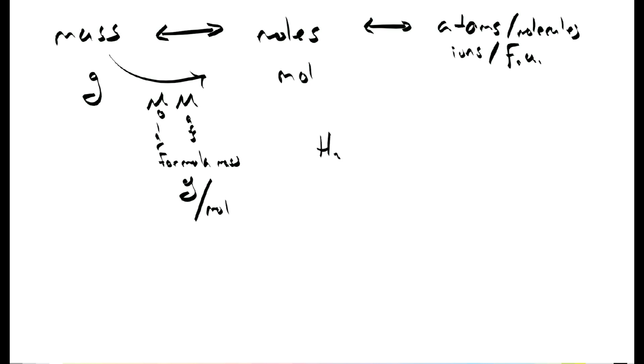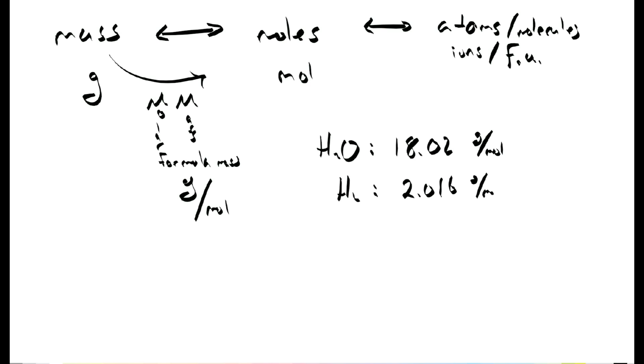So H2O has a molar mass of 18.02 grams per mole. H2 has a molar mass of 2.016 grams per mole. O2 is 32.00 grams per mole.